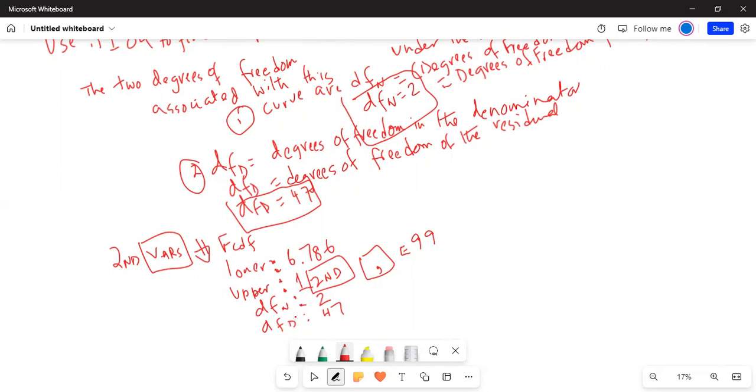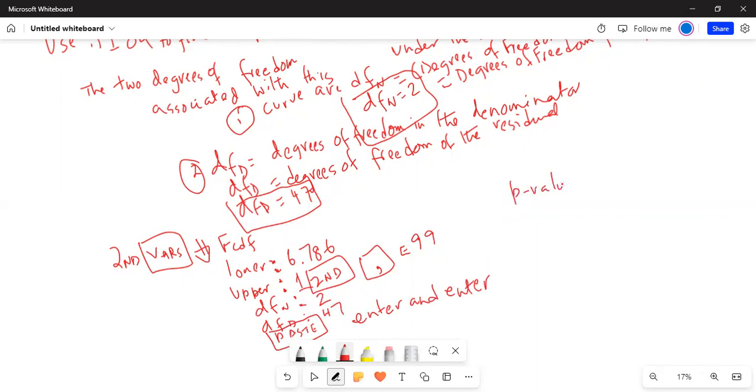Then go down to paste and hit enter and enter. Whenever you are on paste, you have to hit enter twice. And the p-value, I'll write it over here.